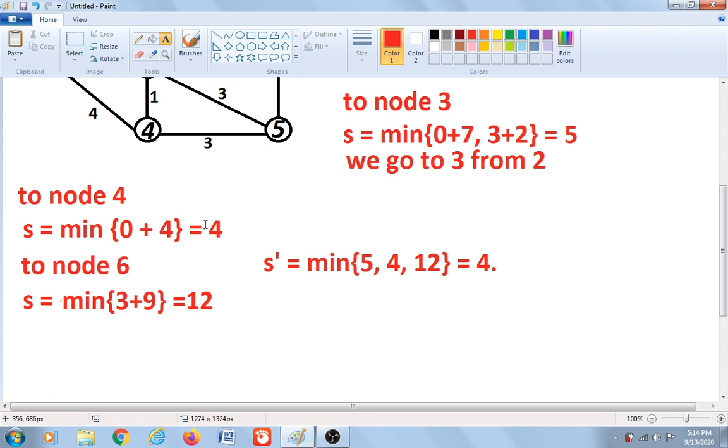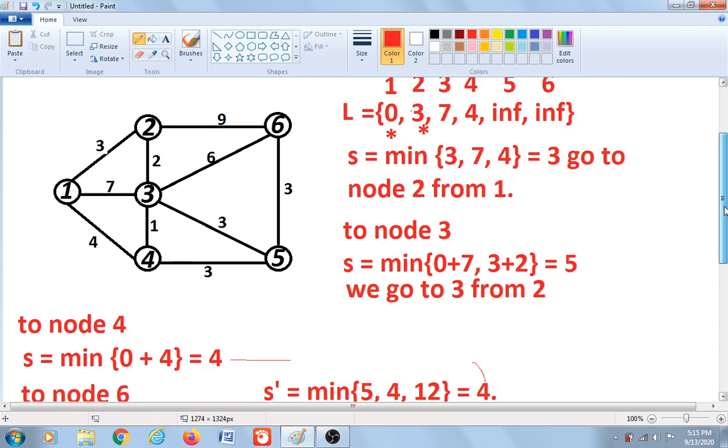That means we go from node number 1 to node number 4. Okay, because here is the 4 as the minimum, and that 4 is coming from here, so we go from node number 1 to node number 4.